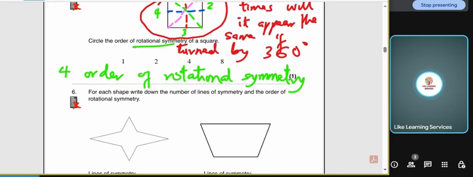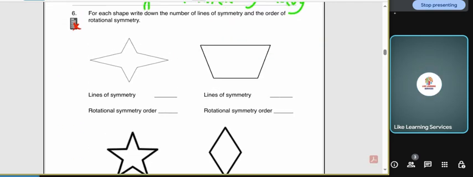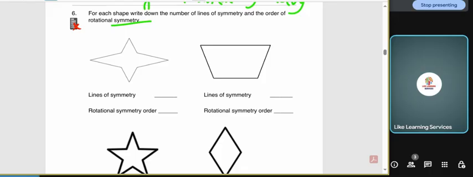Okay, look at this one. How many lines of symmetry? For each, write down the number of lines of symmetry and the order of rotational symmetry. Let's go. How many lines of symmetry for this first one?